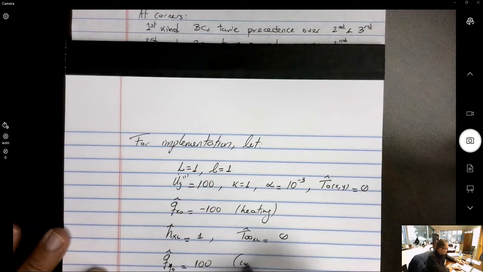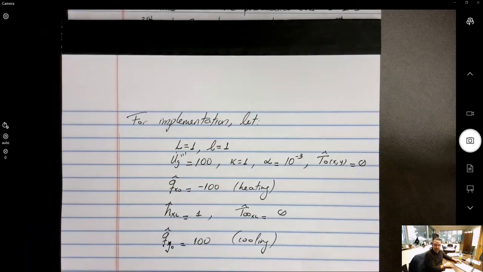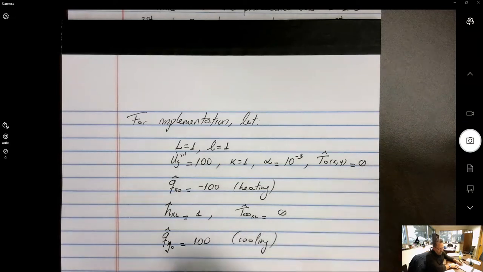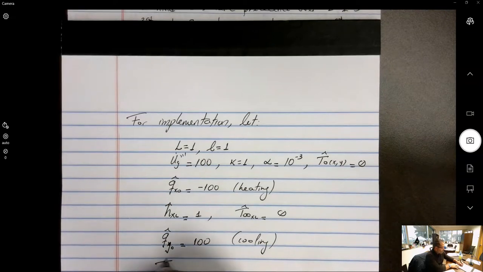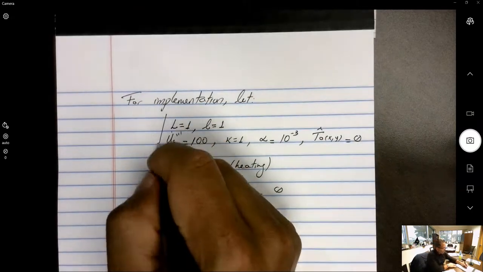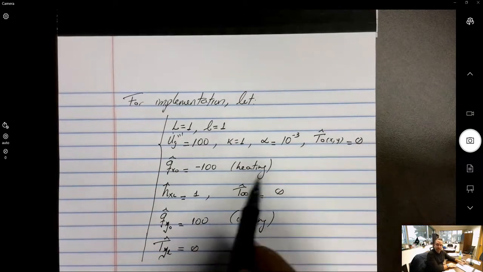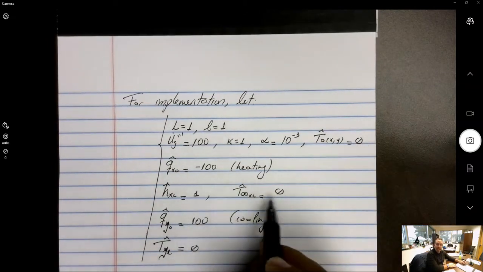So it's positive. That means that it's cooling. So this is cooling from the bottom, heating from the left, and it's actually cooling through convection from the right at a temperature of 0 degrees. Initially, the domain is at 0 degrees. And let's make the temperature, YL, be equal to 0. So the top is kept at 0 degrees. The initial temperature is 0 degrees, and we are cooling on the right at 0 degrees.